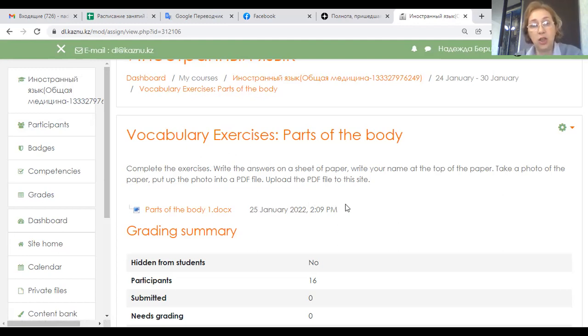You just take a sheet of paper, a pen, and write the answers to the exercises. Then you take a picture of what you have done, and then you adapt this to the PDF form, the PDF file.